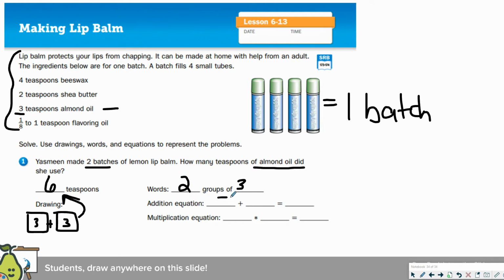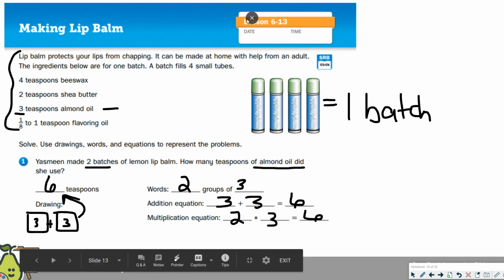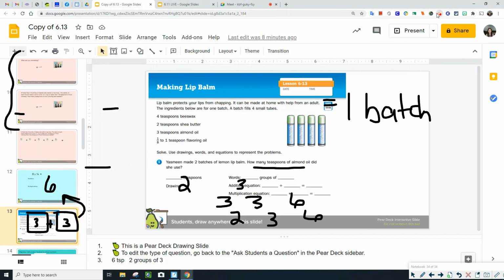My addition equation would be my 3 plus my 3, and that equals 6. My multiplication equation would be those same numbers, 2 groups of 3, which equals 6. Okay, now you're going to maybe use some fractions on some of them or some whole numbers on some of them. So just pay attention to what you're doing, and then use those strategies that I've shown you.